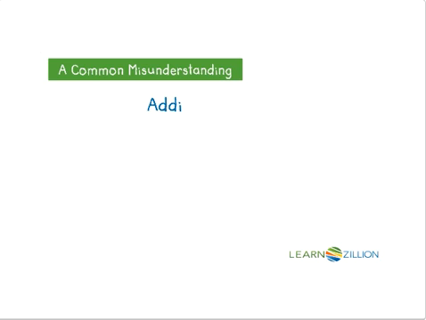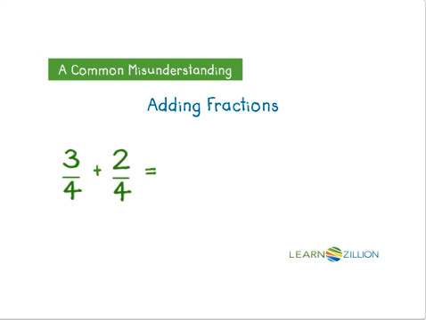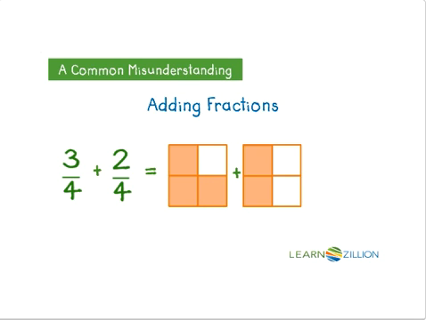When working with line plots and fractional data, it is important to remember how to add fractions. When we add fractions, like in the problem below, it can be a common misunderstanding to add both the numerator and the denominator. However, it is important to remember that we're adding pieces of a whole. For the problem 3/4 plus 2/4, we start with 3/4 and add 2/4 to that.